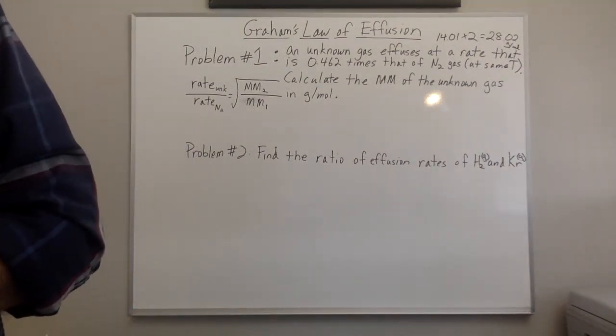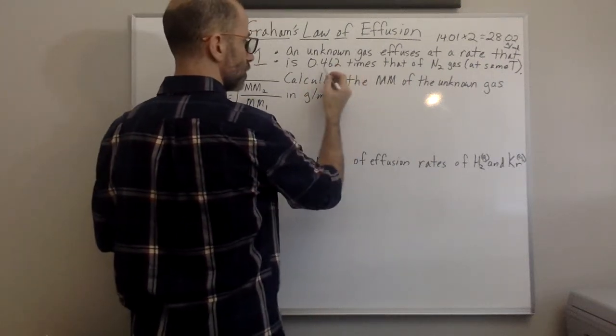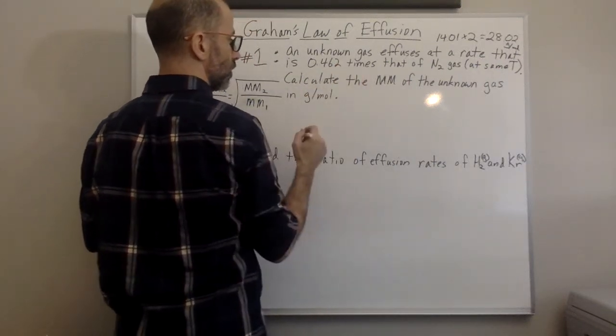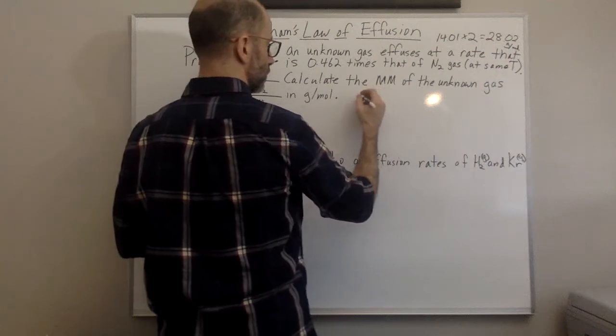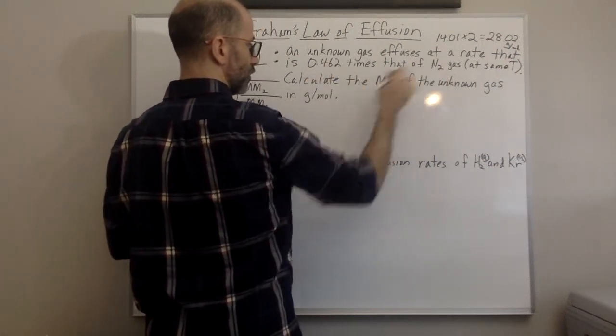When you write that out, this actually becomes a ratio. The ratio is this many times that of nitrogen.